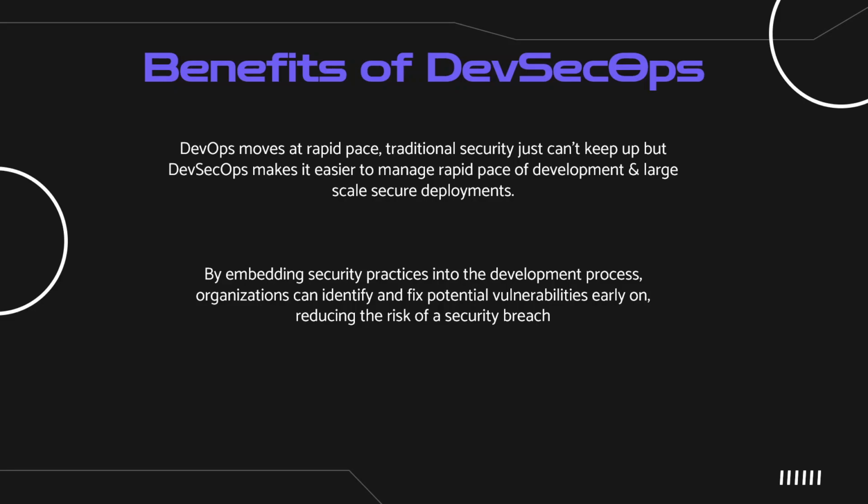So, in order to face this challenge and to integrate security in real time into the DevOps pipeline, DevSecOps came into the picture. DevSecOps made it easier to manage the rapid pace of development and large-scale secure deployments. And by embedding security practices into the development process, organizations can identify and fix potential vulnerabilities early on, reducing the risk of a security breach.